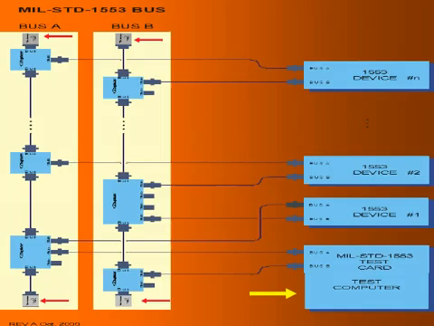Each coupler contains one or more stubs. Each stub can be used to connect to a different RT. Each device has 2 points that can connect to a bus, one for bus A and one for bus B. Each connection is made using a twisted shielded pair cable.